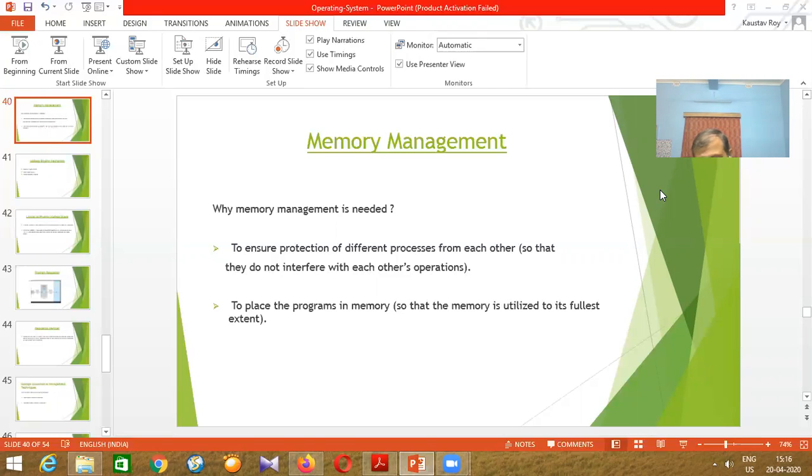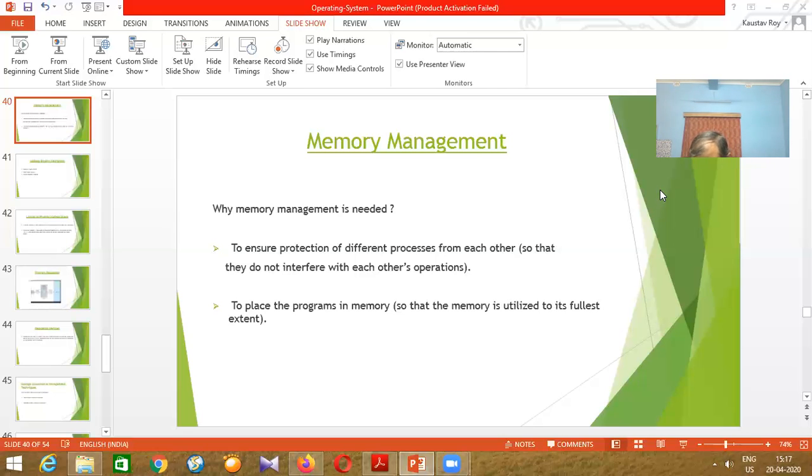The collection of processes on the disk waiting to be brought into the memory forms the input queue. You already know this. Most systems allow a user process to reside in any part of the physical memory.